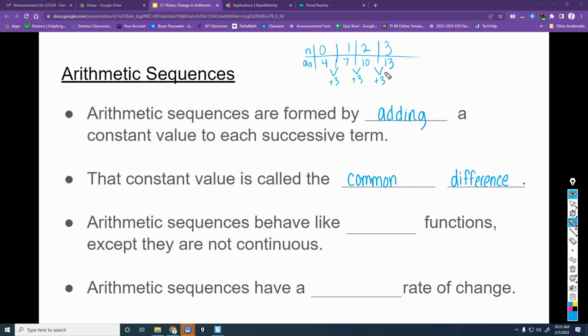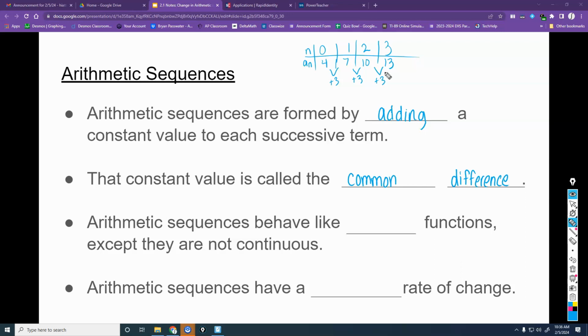If I'm just adding 3 each time, it's going to be constantly going up, and it's going to look like a line. It'll just be points because we won't connect them, but those points are going to be in a line, right? This is a constant rate of change. So we've been talking about functions, we've been talking about rates of change.